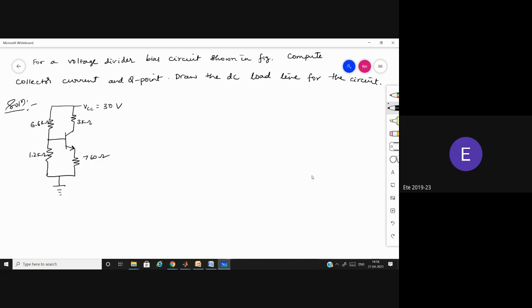So this is the given problem. Now, can we check for approximate analysis? Does this circuit hold good for approximate analysis?